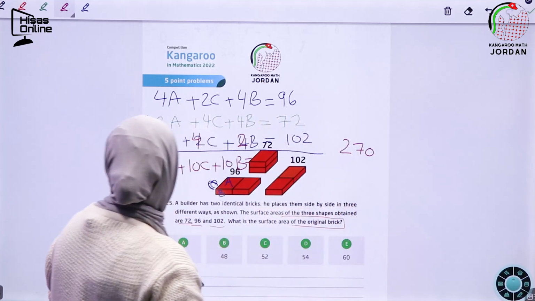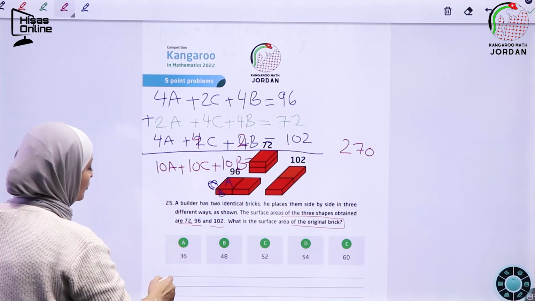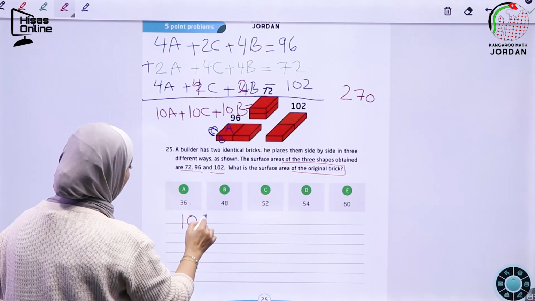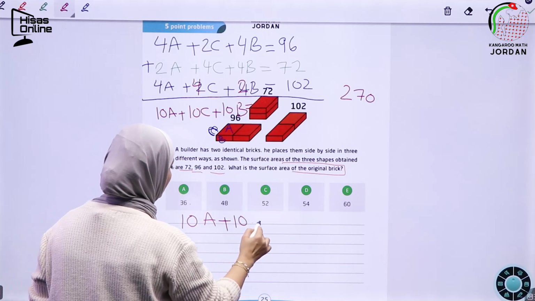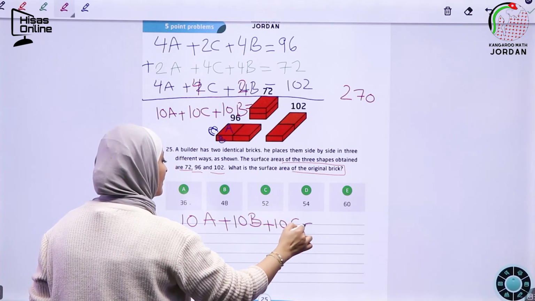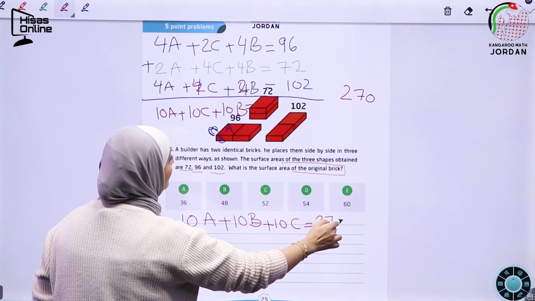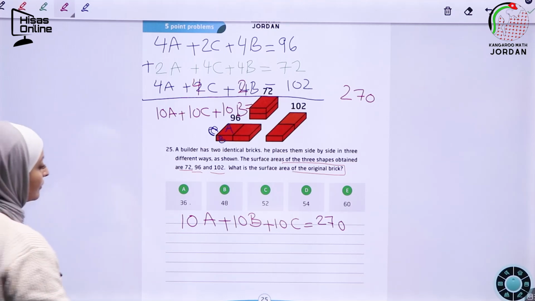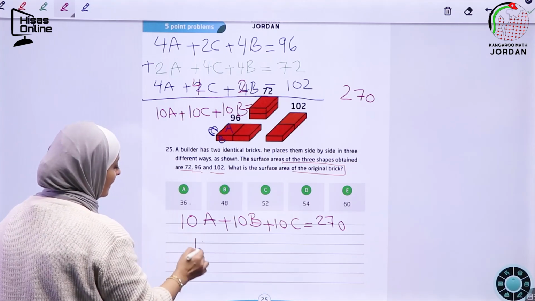Okay. So again, this is my equation. It's 10 of everything. 10A plus 10B plus 10C equals 270. Let's take the 10 away.